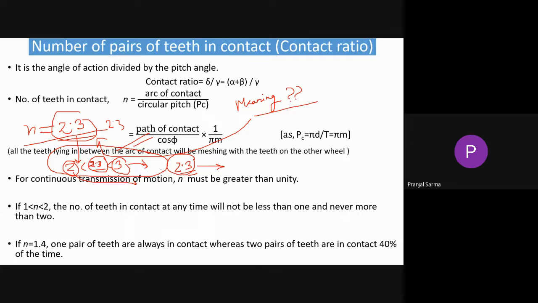So now, what is the meaning of 2.3? Rehan, Sisman, Nilutpal, anyone?